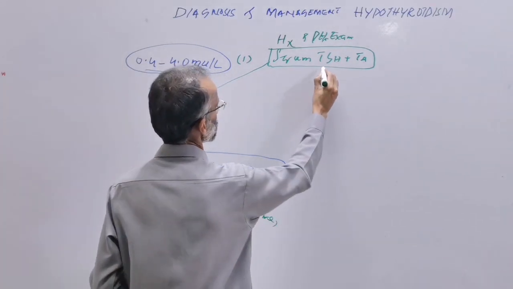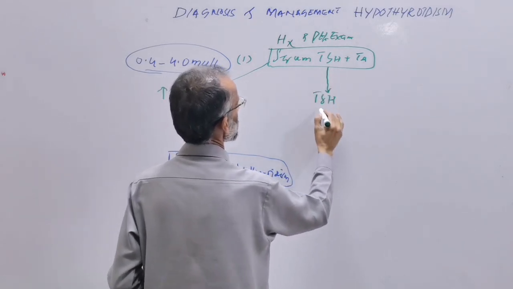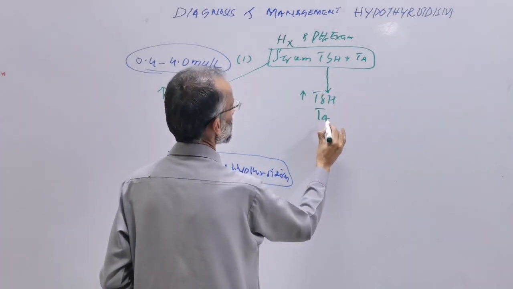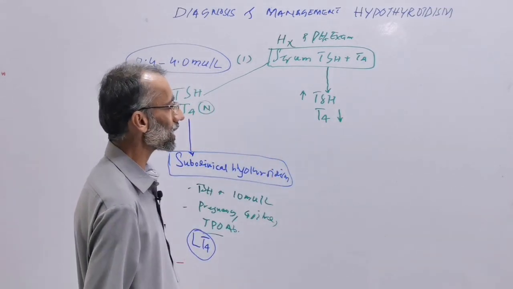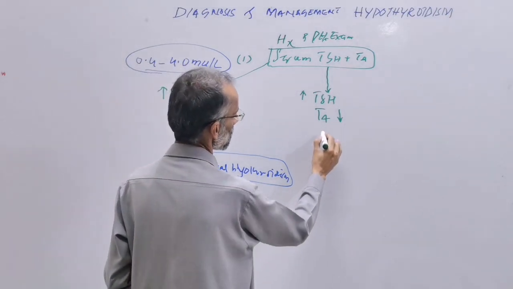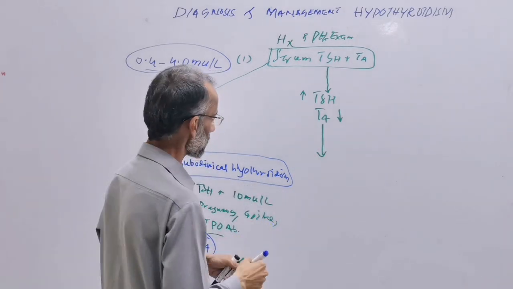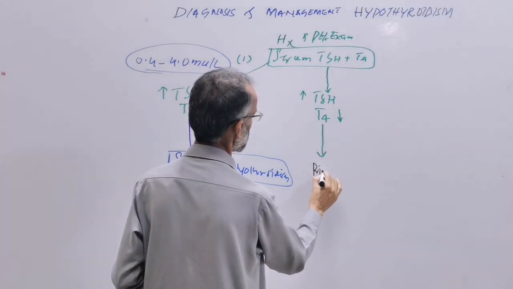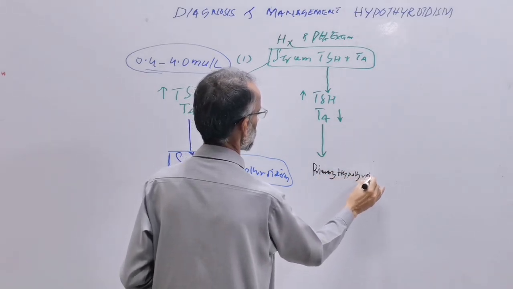If the TSH is elevated and T4 is decreased, it is called primary hypothyroidism.